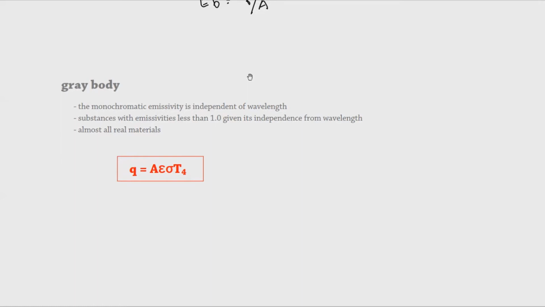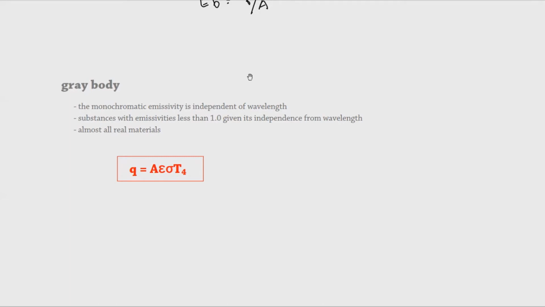So the substances with emissivities less than 1 would always be independent of the wavelength, and this is true for almost all materials, and we could actually say that all the materials are gray bodies, since they have emissivities that are less than 1.